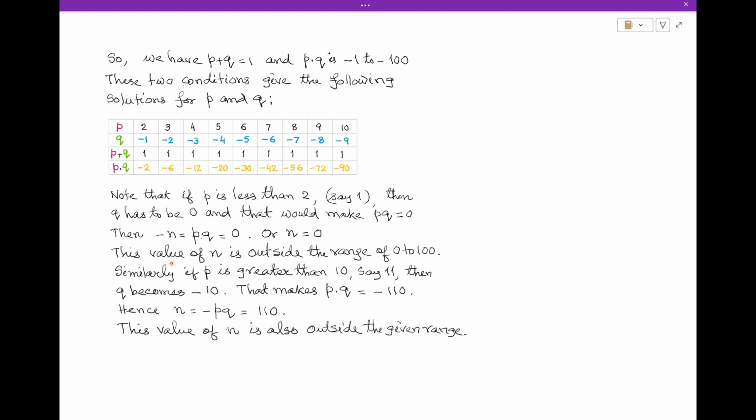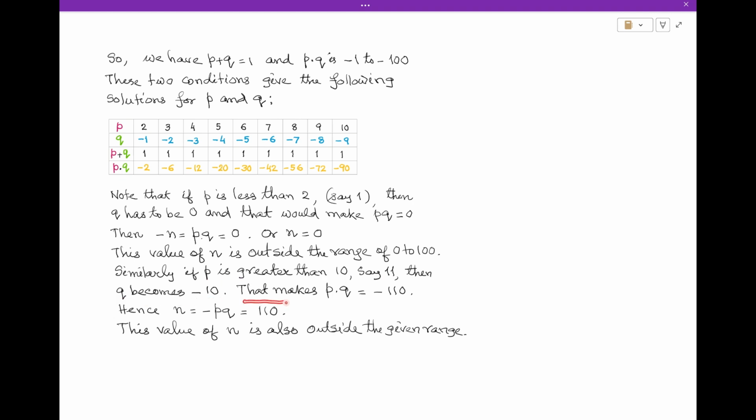This makes the value of n go outside the range of 1 to 100, which is not acceptable. Similarly, if p is greater than 10, say 11, then q becomes minus 10.